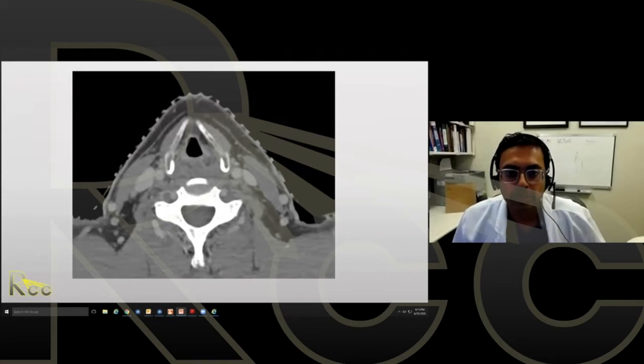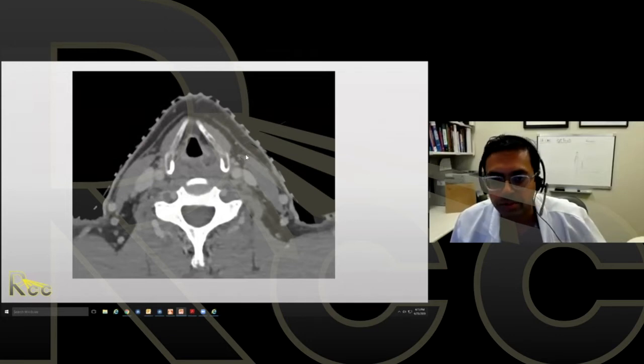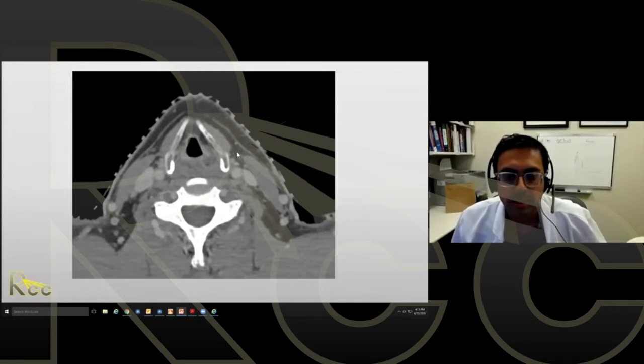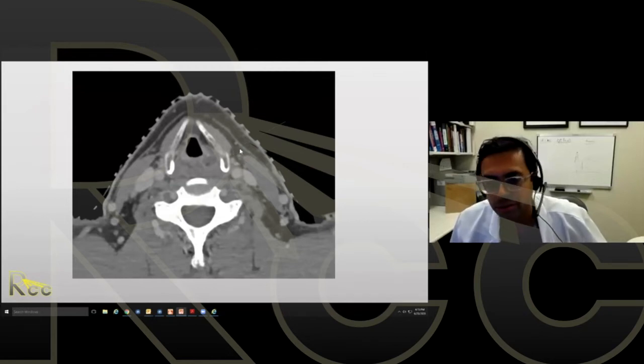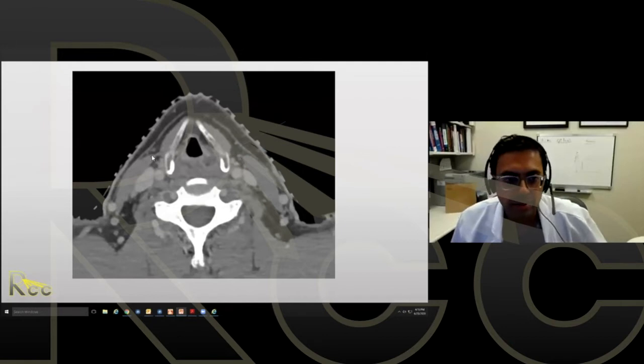All right, so what I'm pointing out here is, as Jason mentioned, the anterior border many times is delineated as the sternocleidomastoid muscle, but there are always anatomical variations. Looking at the right neck here, you could easily see that's a nice anterior border.